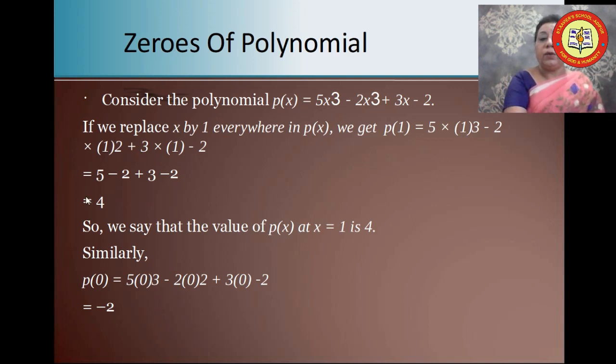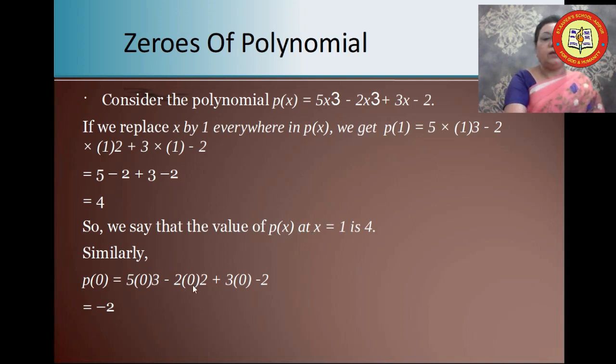On simplifying, you get the value 4. We did not get 0. So what is the conclusion? It concludes that 1 is not the zero of the polynomial, because you did not get 0. So we say that the value of p(x) at x equals 1 is 4.